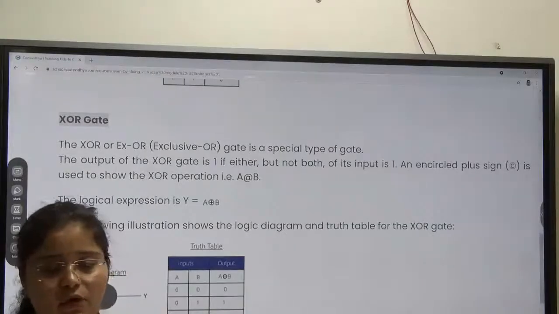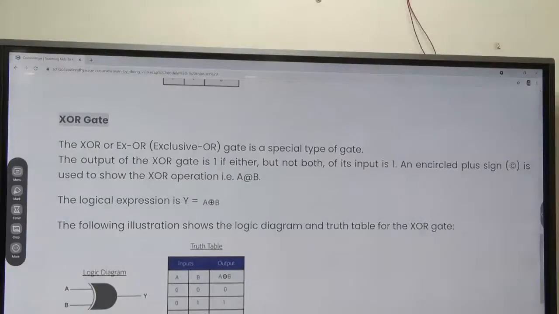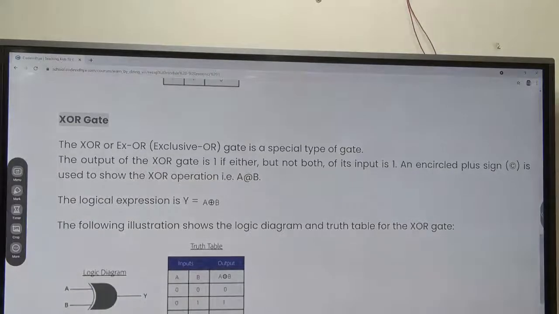The XOR gate, or exclusive OR gate, is a special type of gate. The output of the XOR gate is 1 if either but not both of its inputs is 1.